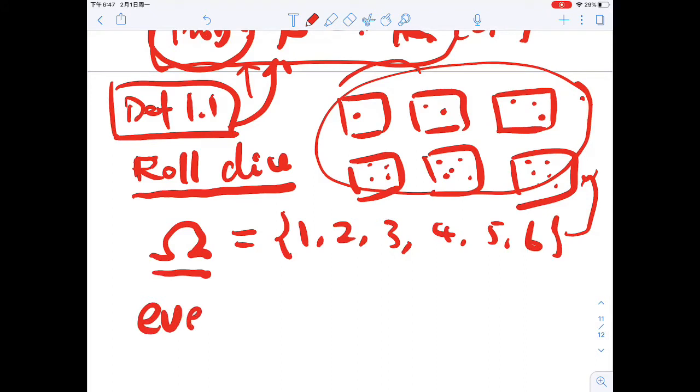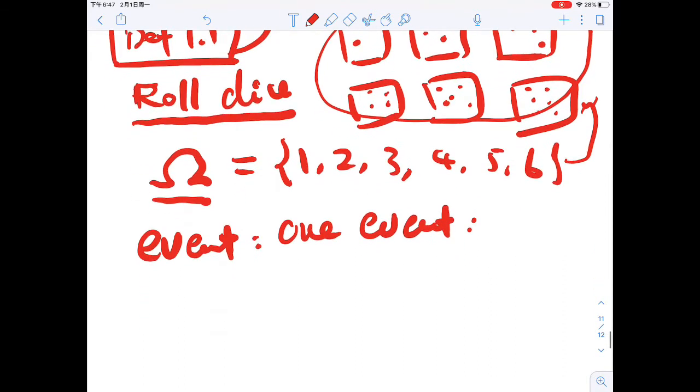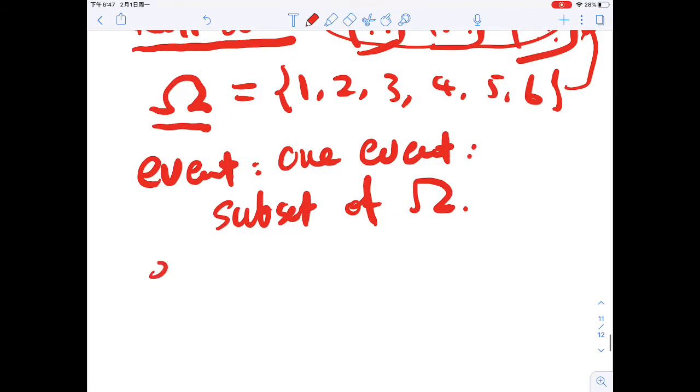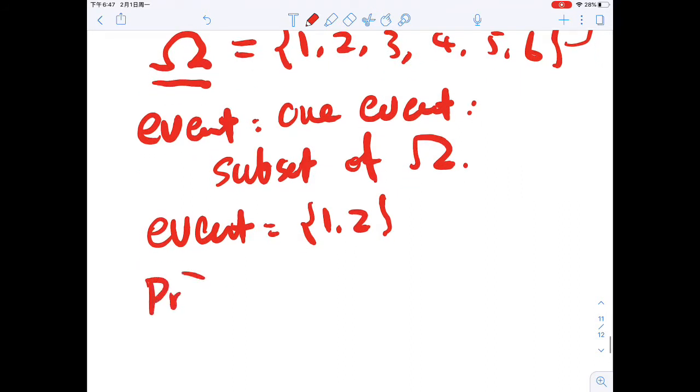And then we can talk about events. Mathematically, an event is a subset of the sample space. Say we define the event to be {1, 2}, and let's call this E1.